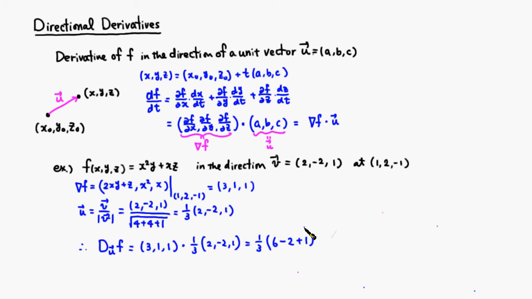So it's 4 plus 1, 5, so it's going to be 5/3. So 5/3 is the directional derivative of this given function f, which means that as you move in the direction of v, the function value increases by 5/3. Alright, that's it. I hope that this was clear.